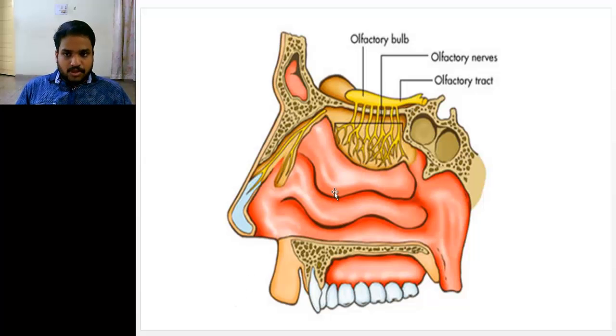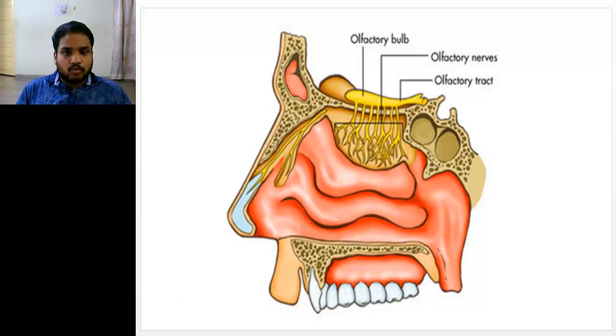In case of the olfactory nerve, you can see that the fibers arise from the olfactory epithelium of the nose, and then these fibers pass through the cribriform plate into the olfactory bulb, right? And from the olfactory bulb, the fibers will project onto the uncus as well as the parahippocampal gyrus, right?